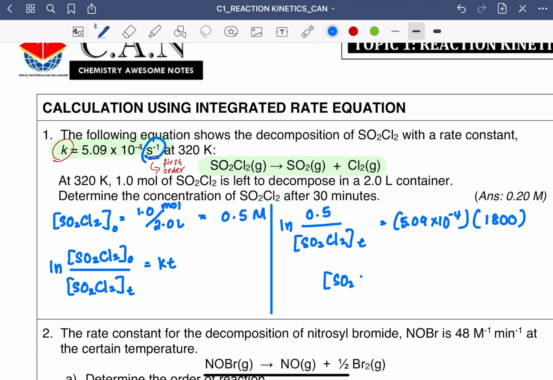What are you going to get? According to my calculation, you are going to get 0.20 molar.